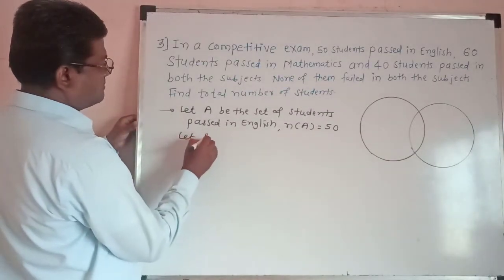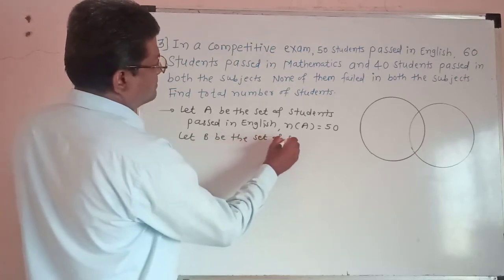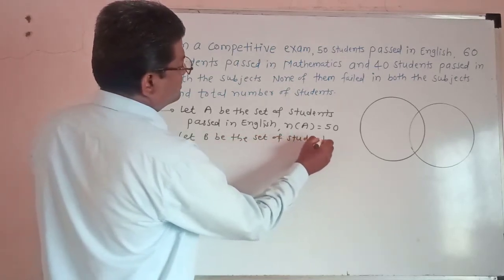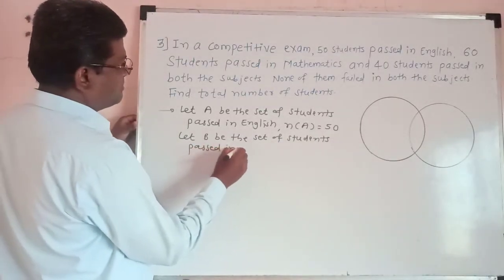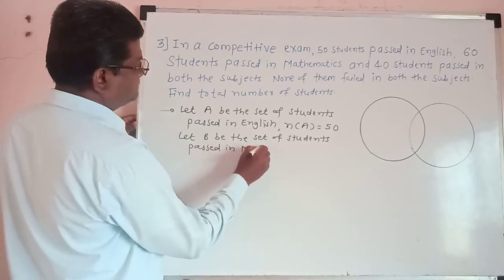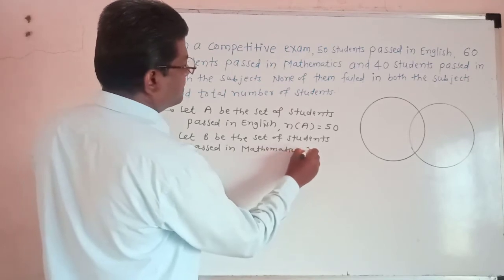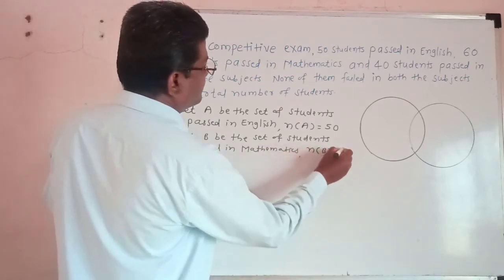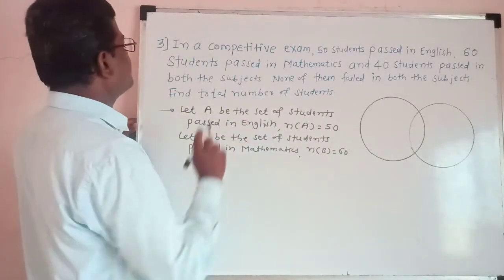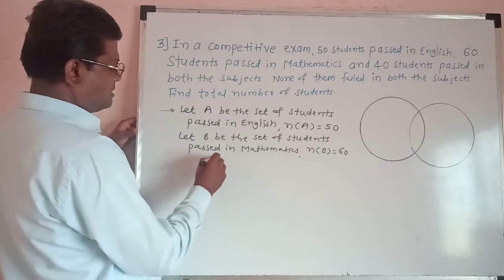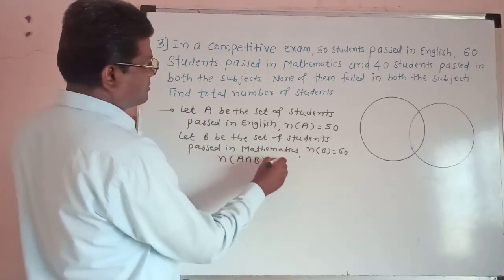Let B be the set of students pass in mathematics. Therefore, n of B is equal to 60. 60 students pass in mathematics and 40 students pass in both the subjects. That is, n of A intersection B is equal to 40.